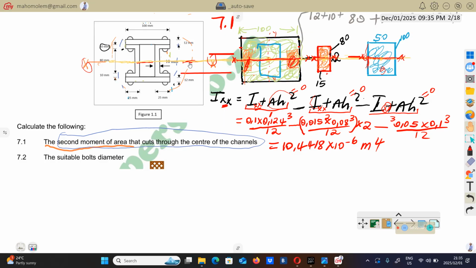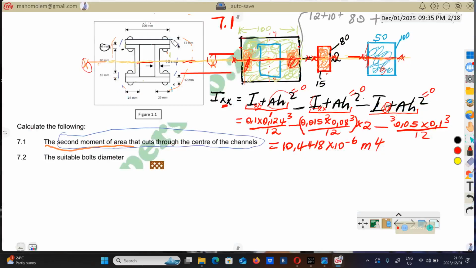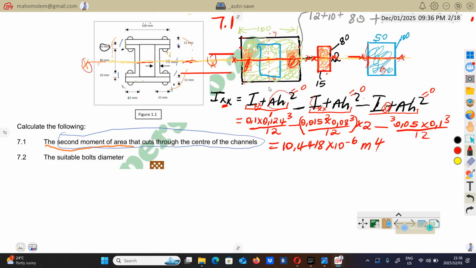But they took this route of finding the I for this box, but we've got two of them.